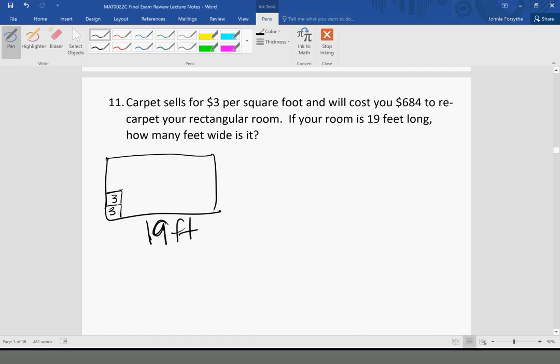So if it's $3 for each square foot, 684 divided by 3 will give you the area of the room. So 684 divided by 3.